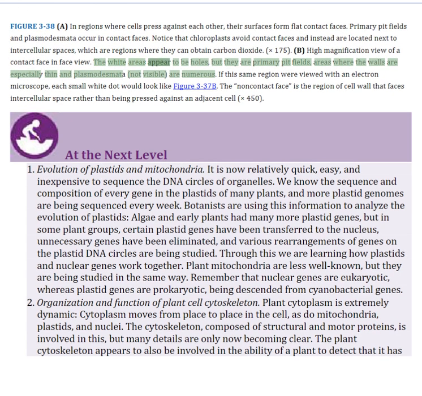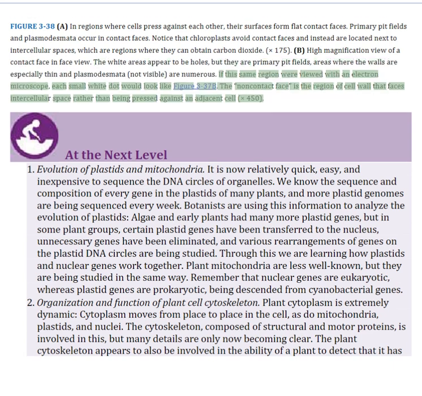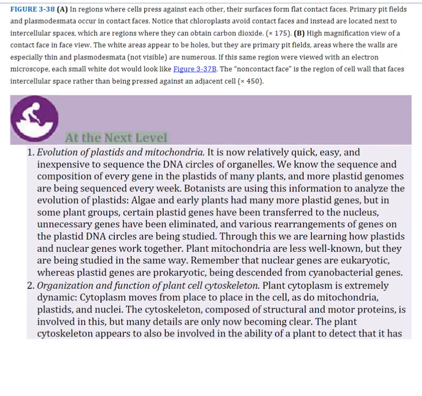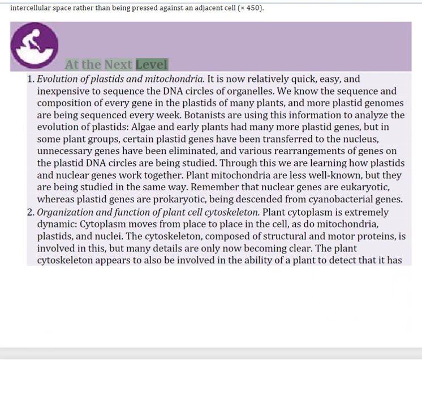The white areas appear to be holes, but they are primary pit fields, areas where the walls are especially thin and plasmodesmata are numerous. If this same region were viewed with an electron microscope, each small white dot would look like figure 3:37b. The non-contact face is the region of cell wall that faces intercellular space rather than being pressed against an adjacent cell.